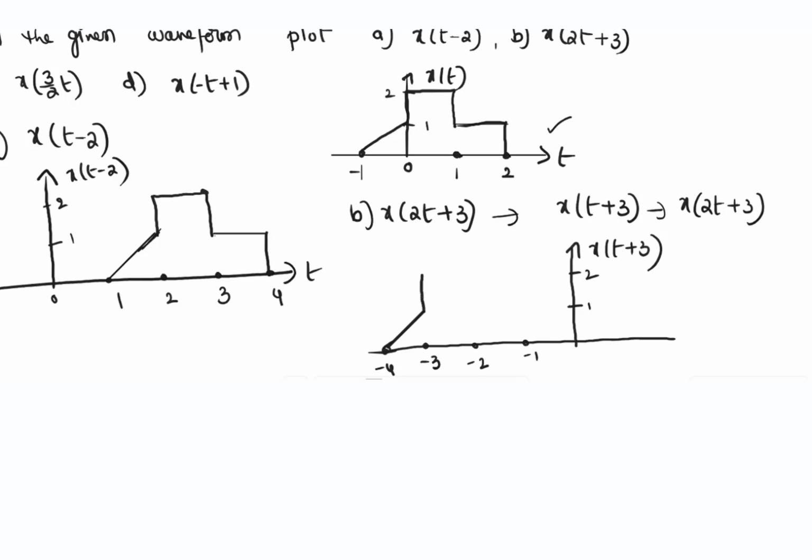Next ఒక స్టెప్ ఉంది -2 వరకు. మళ్ళీ -2 దగ్గర దిగింది. అగైన్ ఇక్కడ ఒక కాన్స్టెంట్ ఉంది. ఇక్కడ దిగింది. So that is a signal x of t plus 3. Okay. So totally 0 కాస్త -3 కి మూవ్ అయింది కాబట్టి సిగ్నల్ కంప్లీట్ గా లెఫ్ట్ వైపు కి షిఫ్ట్ అయిపోయింది.